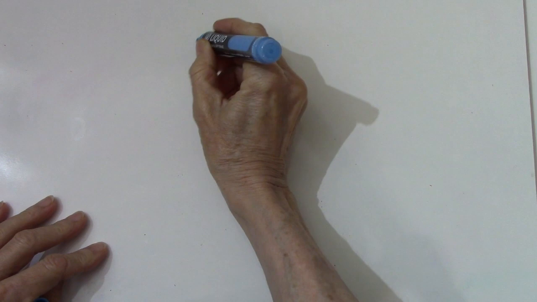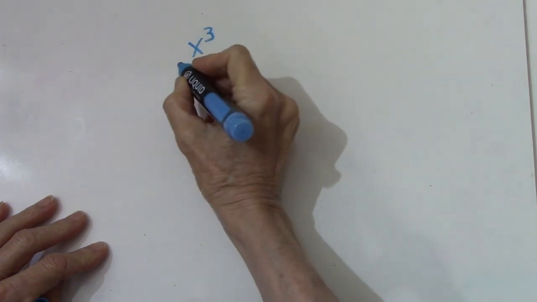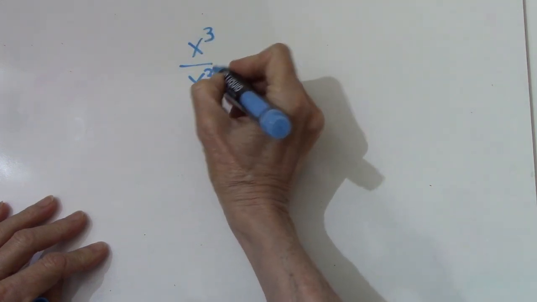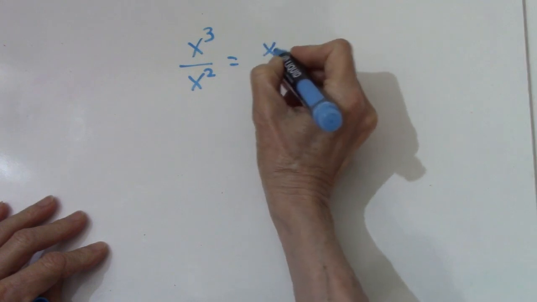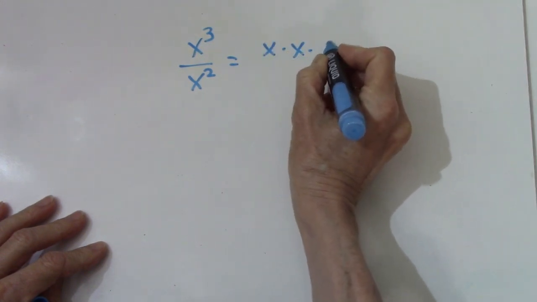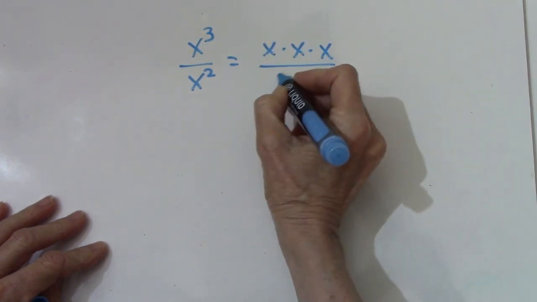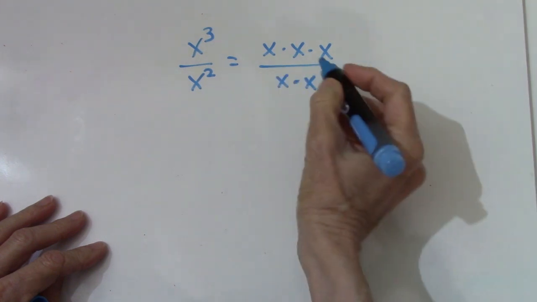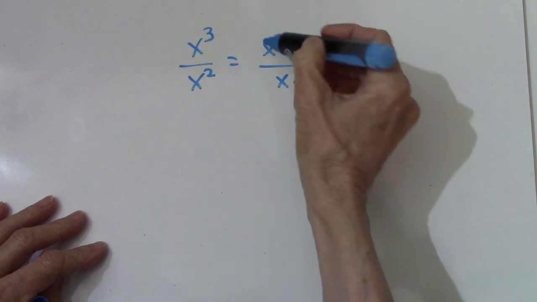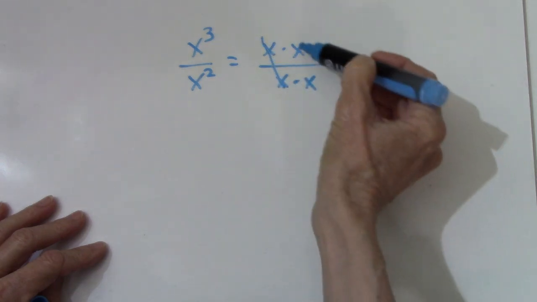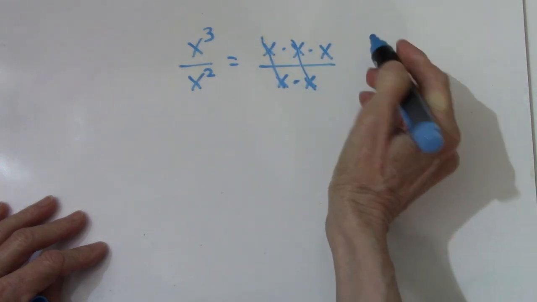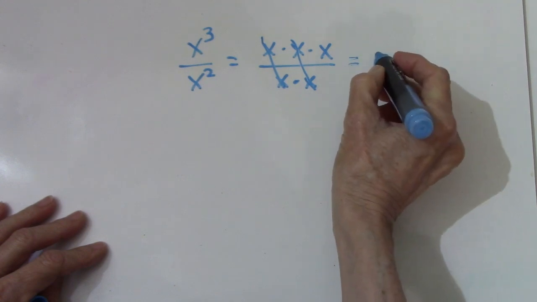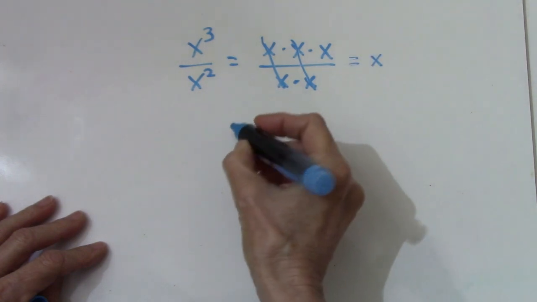Now let's say we have x to the 3rd over x squared. We can go x times x times x over x times x, because x to the 2nd means we have 2 of those, and we can cancel those out. x over x is 1, and then we're left with just x, or x to the 1st power.